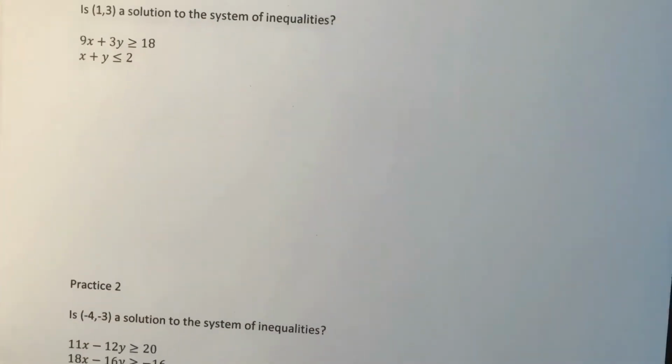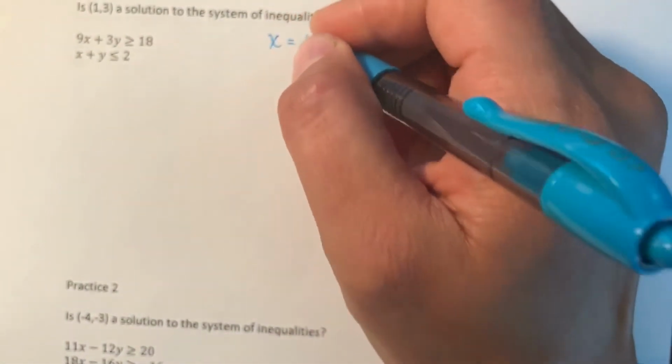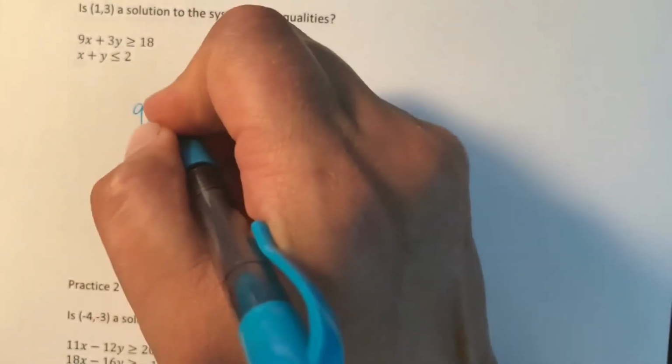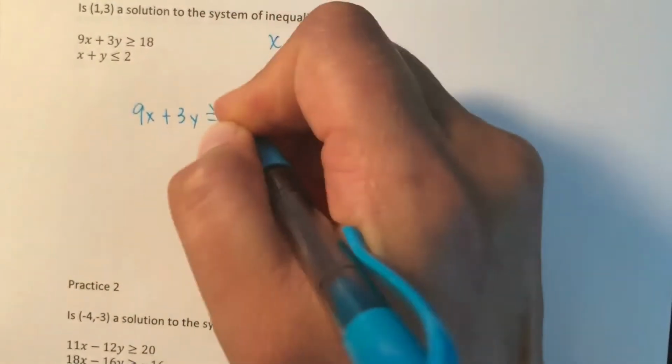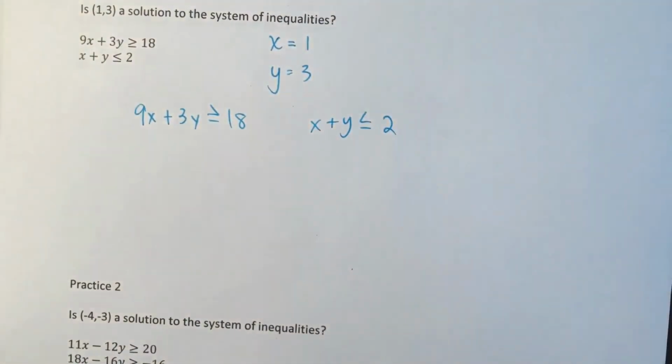Another example would be where you have two more complex equations, same process. So we know x is 1 and y is 3. So I have my two equations. 9x plus 3y is greater than or equal to 18.